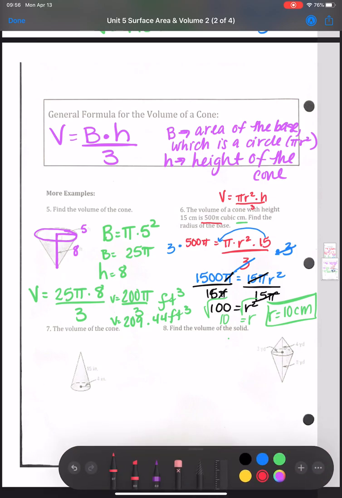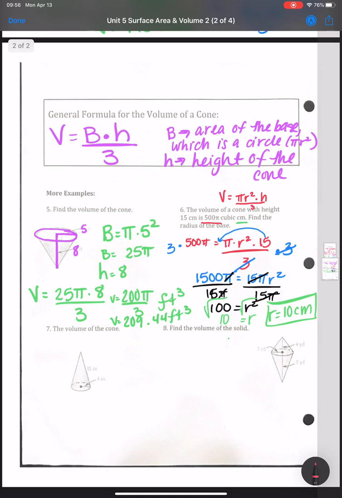All right, let's try number 7. They ask us to find the volume of this cone. Now, the difference in this problem for number 7 is they don't tell us the height. Remember, the height has to go from the very top all the way to the base. They gave us the slant height, and they gave us the radius. So using the Pythagorean theorem, we can solve for the height.